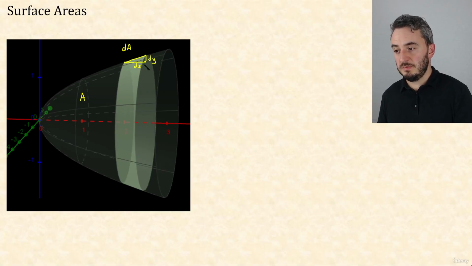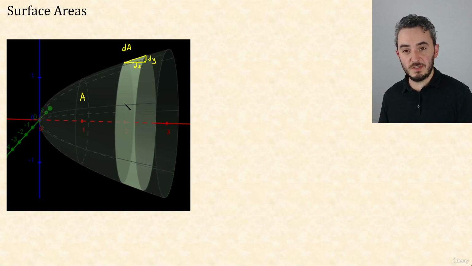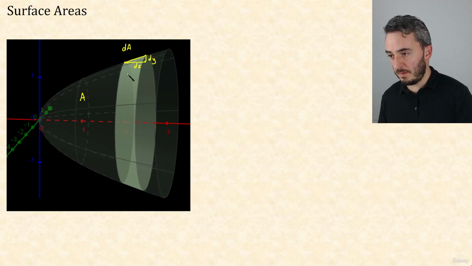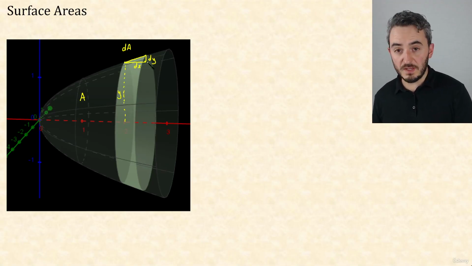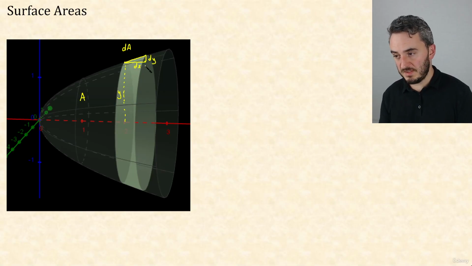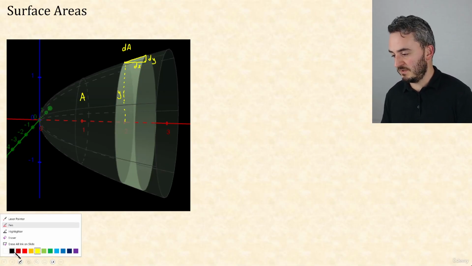Now, the total area of this strip is going to be the length here multiplied by the length all the way around, which is just the circumference of a big circle. So the radius of that circle is just whatever the y value is at that point. And I can mark it at this point here, but of course, you say, why don't we mark it at this point? Well, if dx and dy are so close to being infinitesimally small, it doesn't really make a difference.